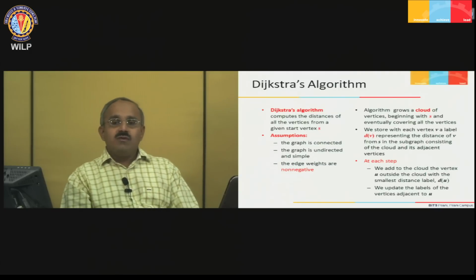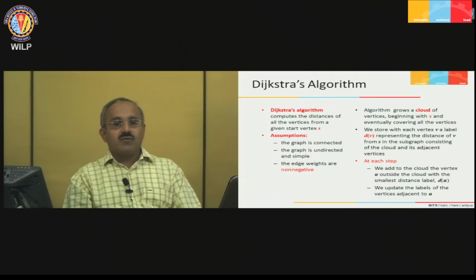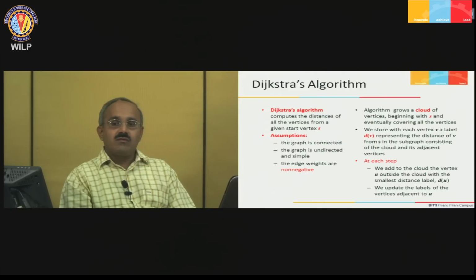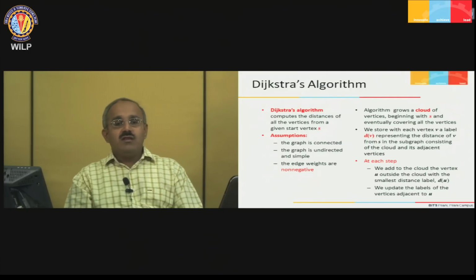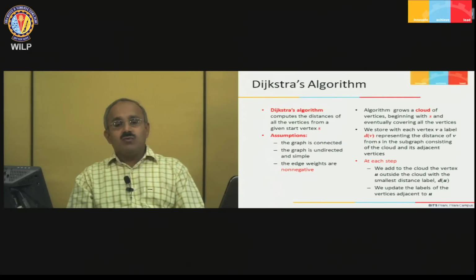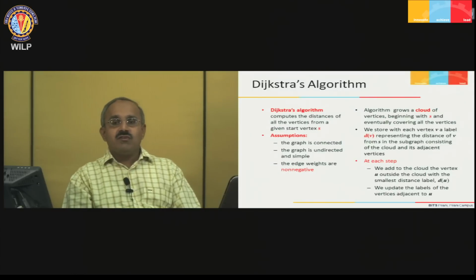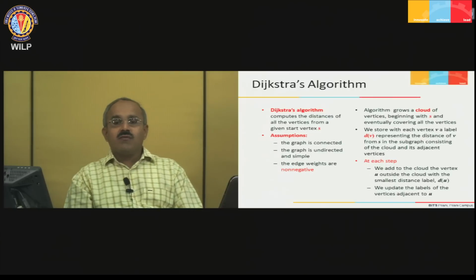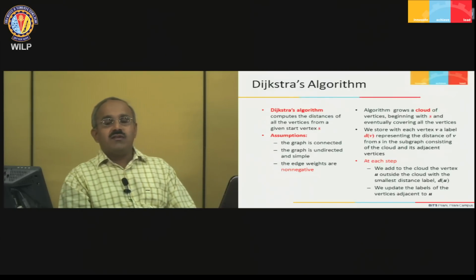So, the algorithm is going to grow a cloud of vertices beginning with the source vertex and eventually cover all the vertices. Initially, we are going to use function dv, which is going to represent the distance of v from S in the subgraph consisting of the cloud and the adjacent vertices.